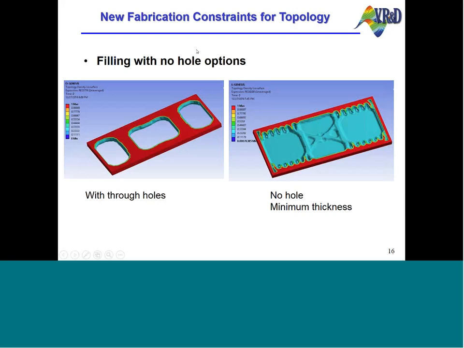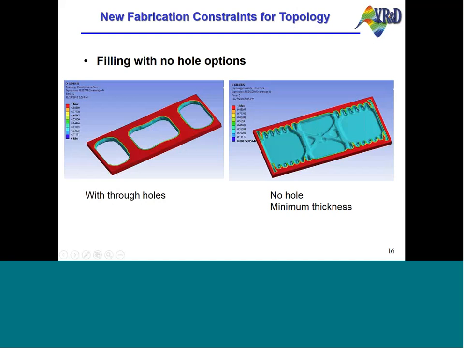The first important feature we added is the new casting fabrication constraints with a no-hole option. In the traditional casting fabrication constraints, it does not guarantee you don't get holes. So on the left, this is the traditional casting fabrication constraint result.